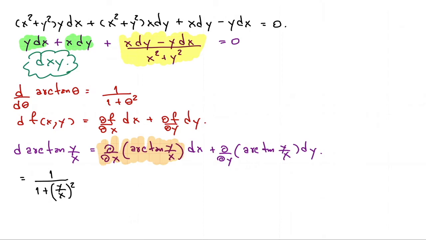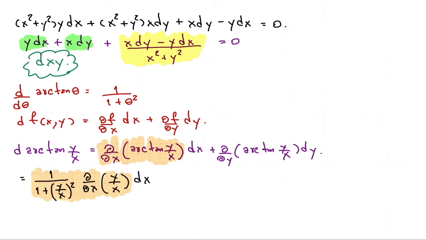It's the same as here. Looking at y divided by x as theta, it's 1 divided by 1 plus theta squared, which is this. And then by the chain rule, we need to differentiate y over x by x, and then we have dx. This is the same as that.